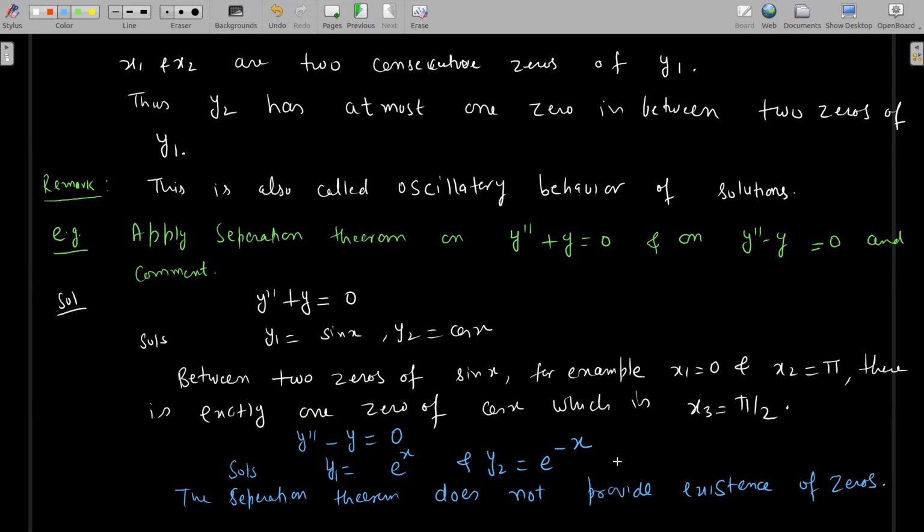So none of them have zeros. Okay, so if function has zeros, then you can say another function will have zero. But if one solution is not vanishing, you don't have any zeros, then you cannot apply separation theorem, as this theorem does not provide existence.